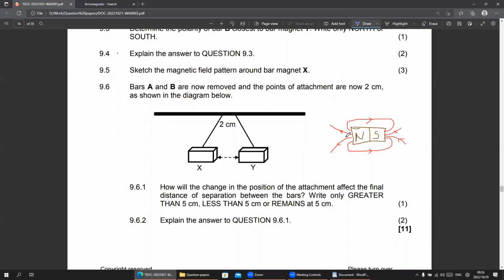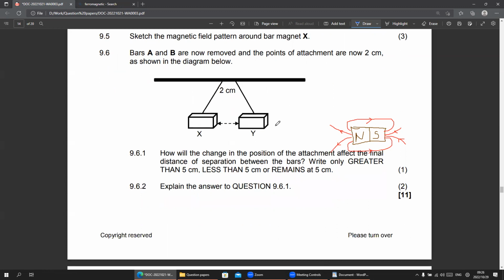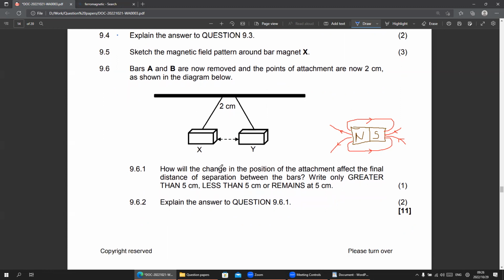So they say bars A and Y are now removed, and the points of attachment are now 2 centimeters apart as shown in the diagram below. So they ask you, how will the change in the position of the attachment affect the final distance of separation between the bars?